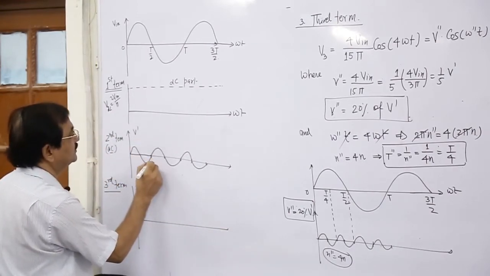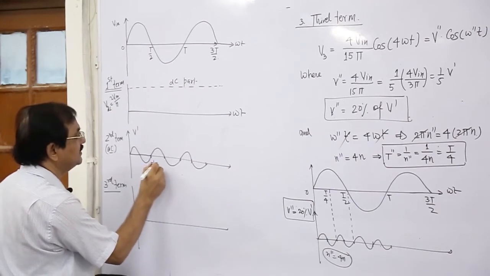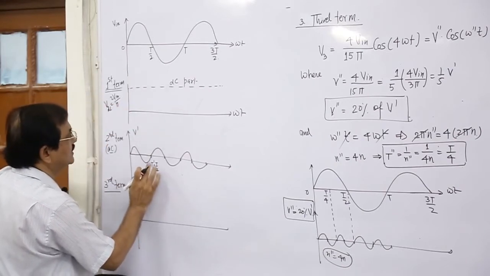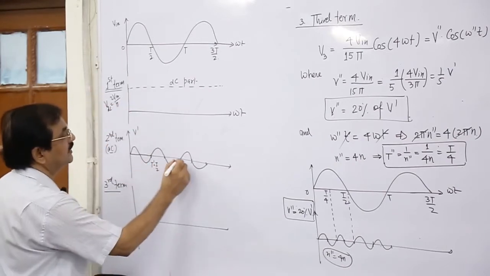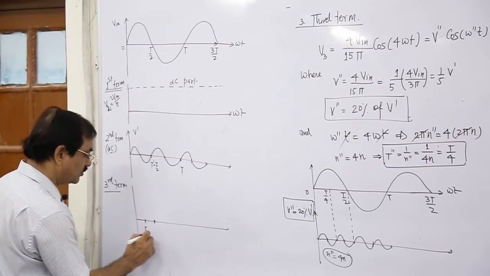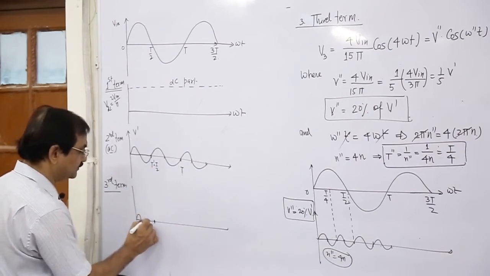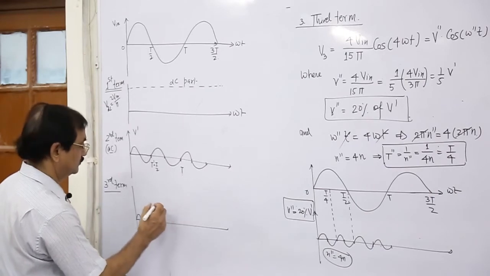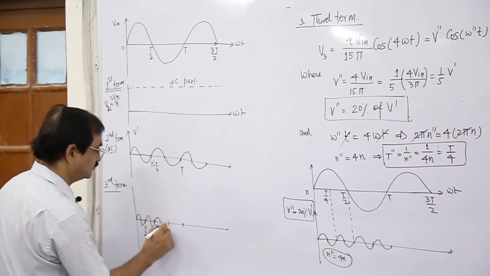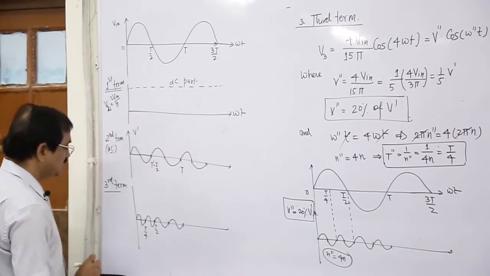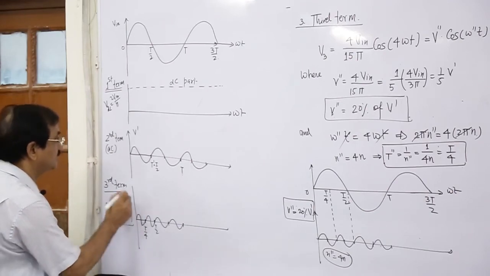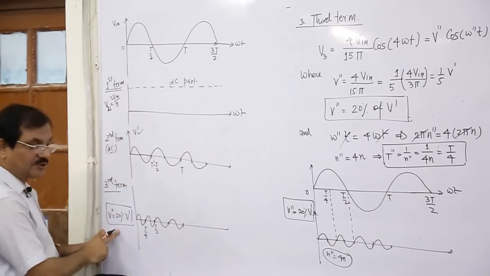This is your T double dash, which is T by 2, and here it is T. Now, in this case, this is T by 4. So, this V double dash is 20% of V dash, this is your V dash, so 20% of V dash.